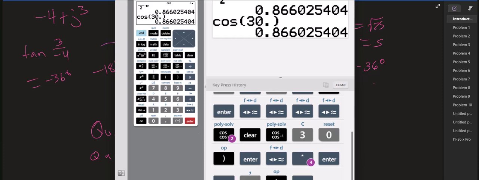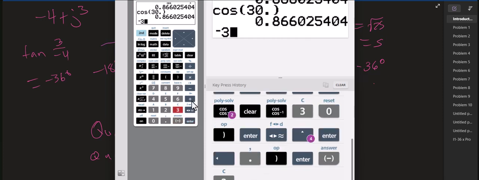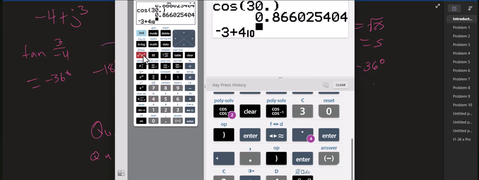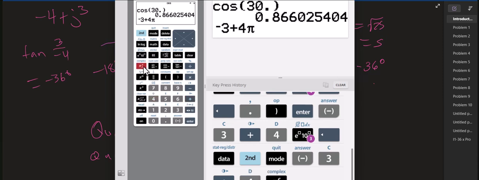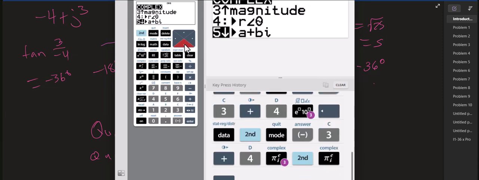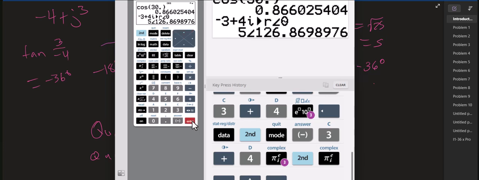So if I take -3 plus 4j, second complex, convert to polar, 5 angle 126.8, and that's correct, because that's the one in the second quadrant.